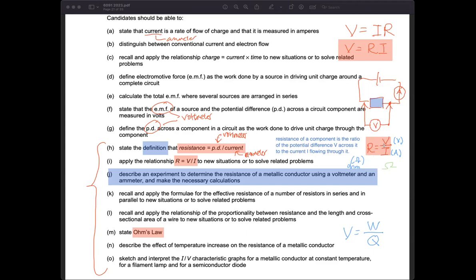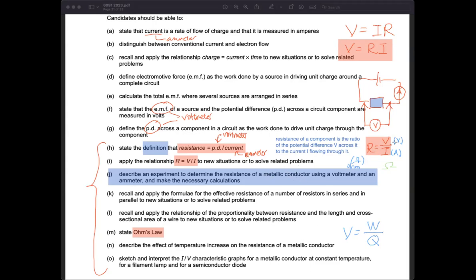So a bigger V with the same I will have a greater resistance. What does this mean? A greater voltage or greater PD means it requires more work to push one unit of charge across the conductor or the component.